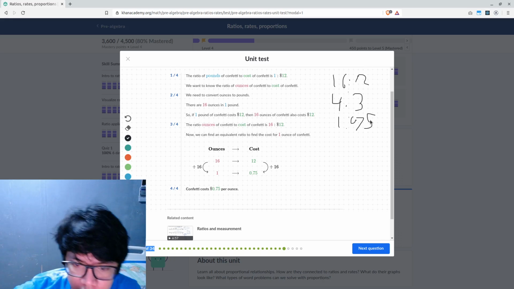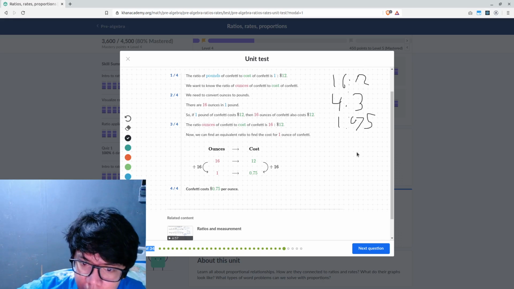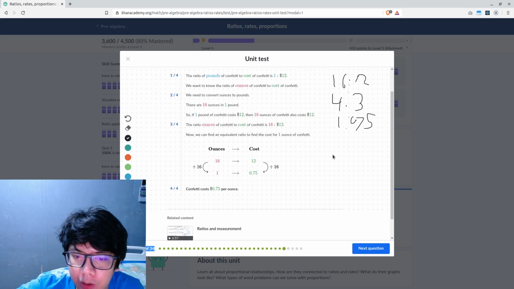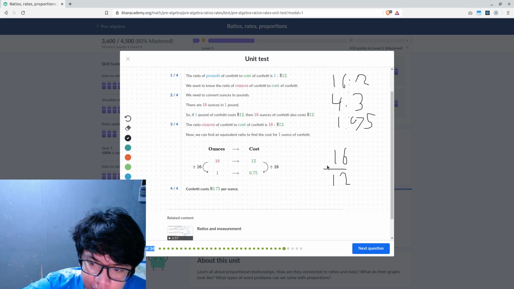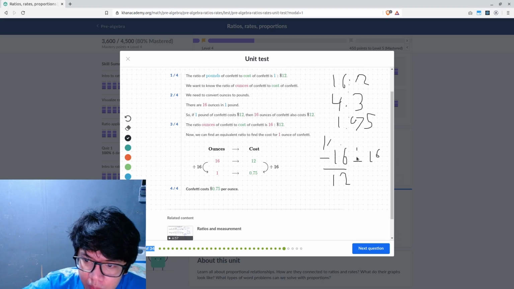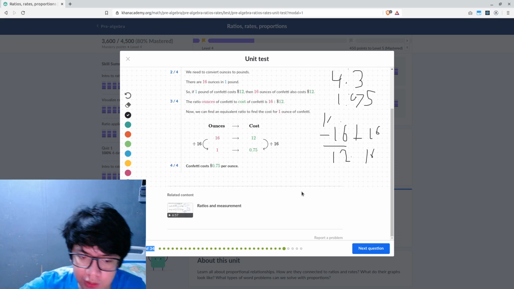Oh wow, cool. Oh, I'm actually quite fine with this. 16 over 12. I'm not supposed to divide this because this is a ratio, so this is 16. Right, so divide both sides by 16, we get 1 ounce, 0.75. Oh, that makes sense.